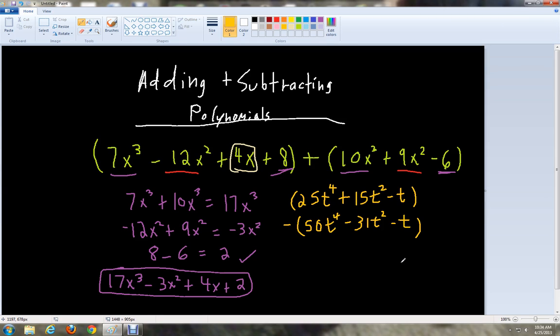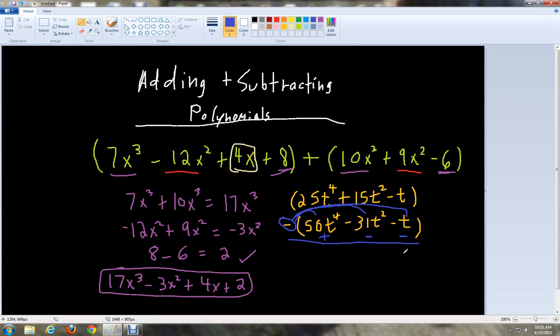So when you're subtracting polynomials, it's very similar to adding polynomials, except you look at the second polynomial and you notice that there is a negative sign, right? A negative 1 that you have to distribute to each of these terms in the polynomial. So you have to take the opposite of the polynomial. Notice here that 50t to the fourth is positive, negative 31t squared is negative, and negative t is negative.